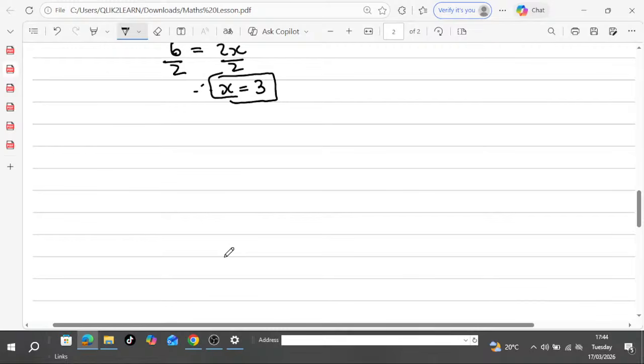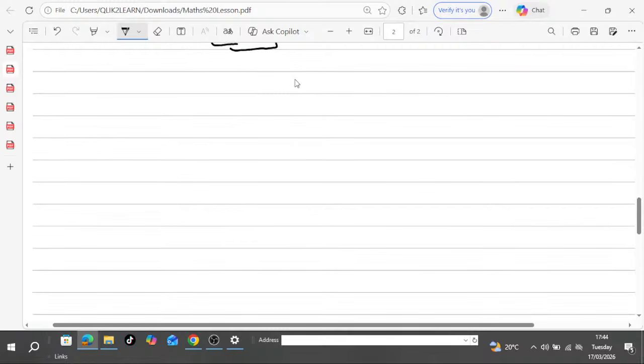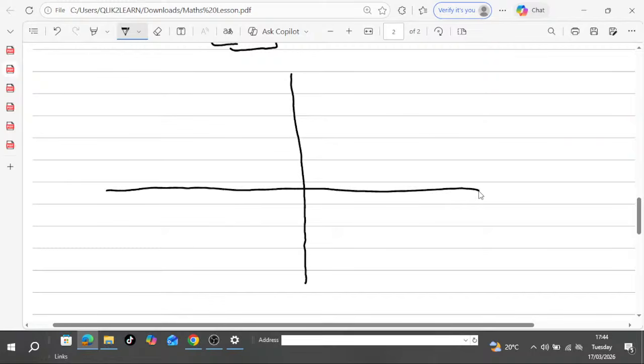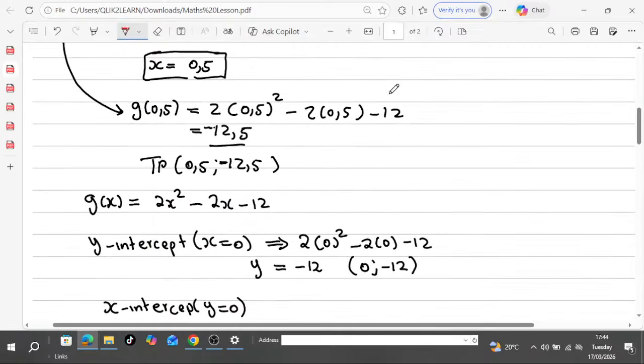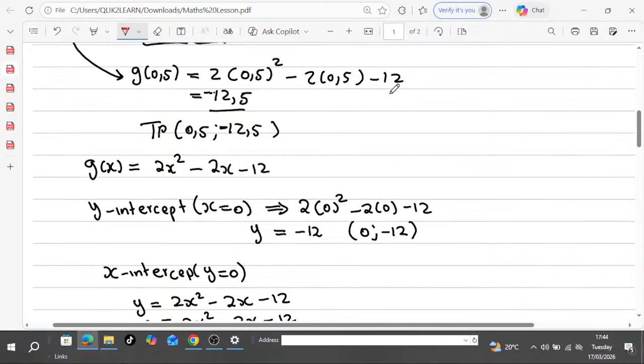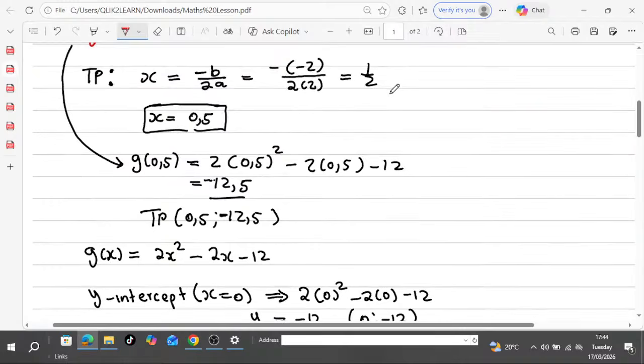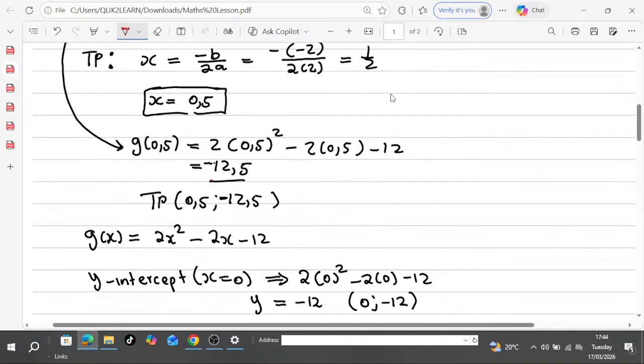Now, let's plot our graph. Let's go back and refer to what we have so far. Let's start with the quadratic one. We had the turning point as a half and minus 12.5. So that's my turning point.